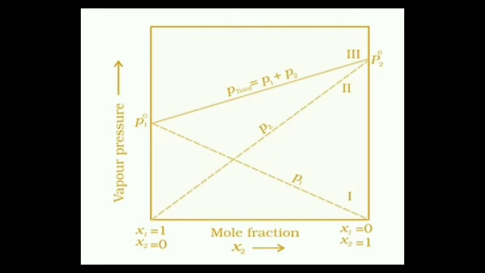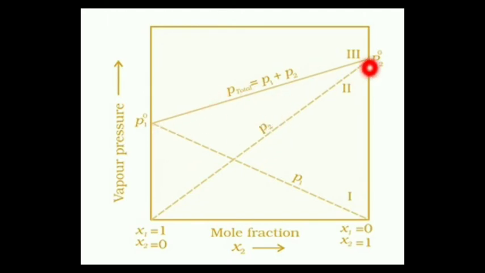Similarly, we can see from line 3 the value of P total, that is P total is equal to P1 plus P2. So plot 3, or line 3, of P total versus X2 on mole fraction is also a linear plot. We understood in conclusion number 2 that when we plot total vapor pressure P total against mole fraction of component 2, we get a linear plot.